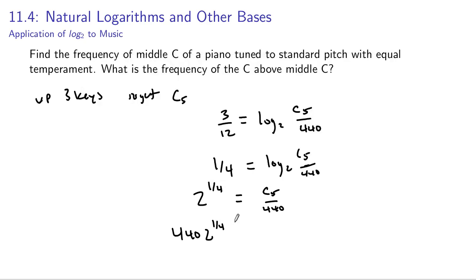So we could actually encode all that in here if we wanted to by saying that we're going to find the frequency that's double C4, because C5 is just 2 times C4, where C4 is middle C and C5 is the octave above middle C. So that would give us 2 times C4. So we can just divide this by 2, or get 220 times 2 to the 1/4.